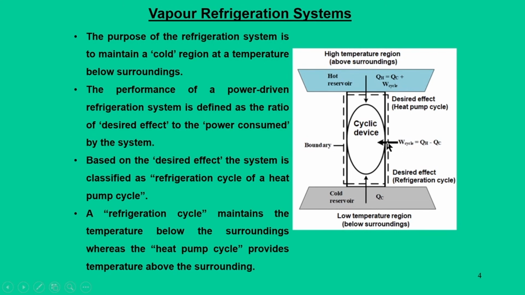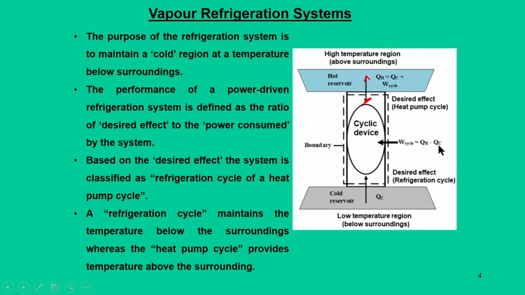By consuming this work, the cyclic device is able to transfer heat from the cold reservoir and reject it to the hot reservoir. So, from the cold reservoir, which is maintained at a certain low temperature, it takes QC amount of heat and rejects QH to the hot reservoir, based on which we have the net work fed as input, which we call the cyclic work.